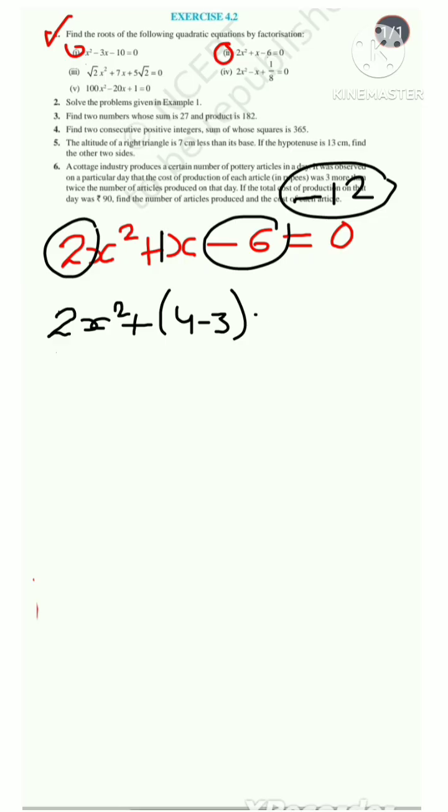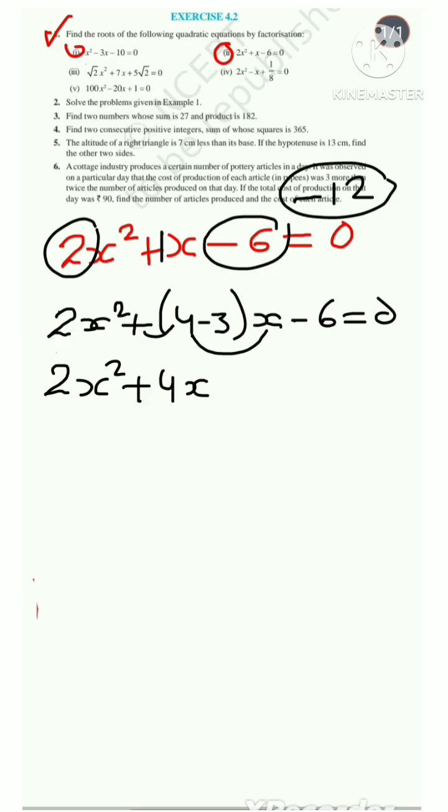And this acts as it is, minus 6 equal to 0. Now 2x square plus, and this 4 should be multiplied with x, then we obtain 4x, again minus, and this 3 should be multiplied with x, then we obtain 3x minus 6 equal to 0.